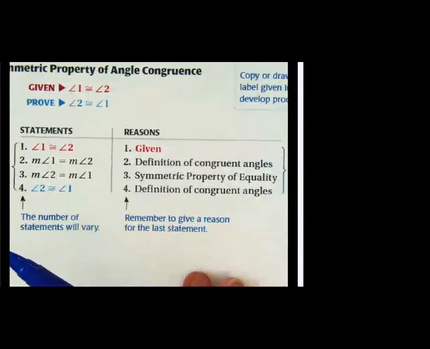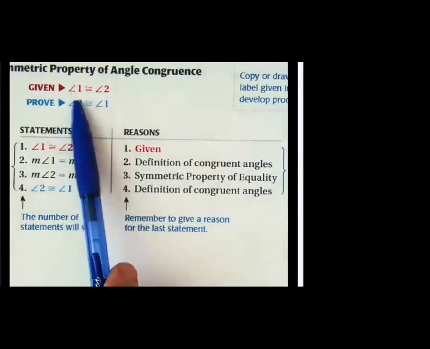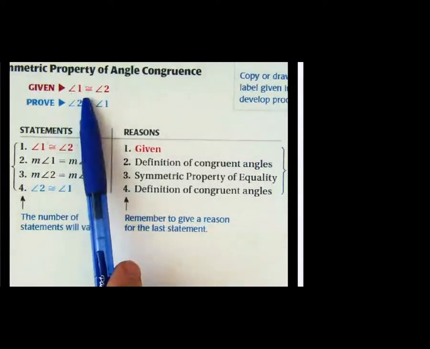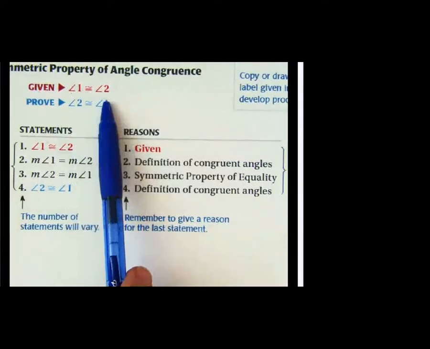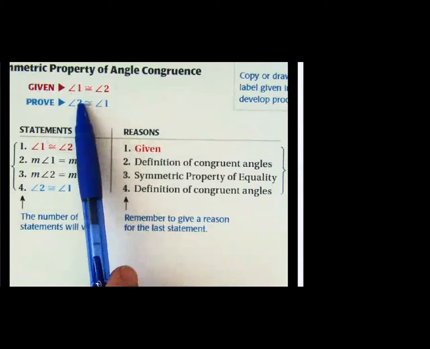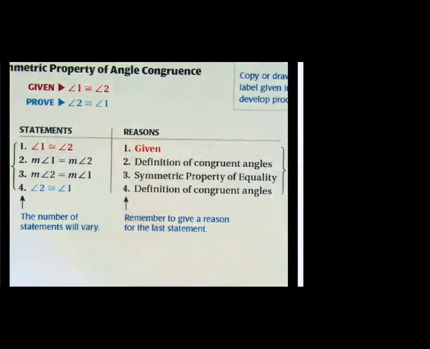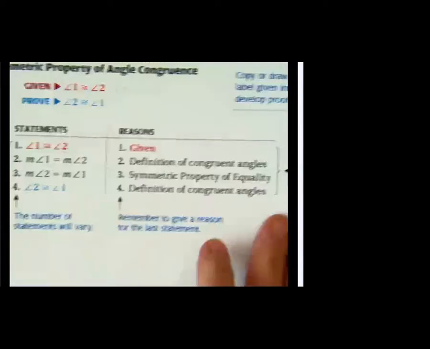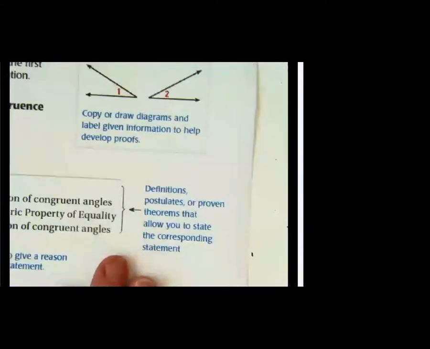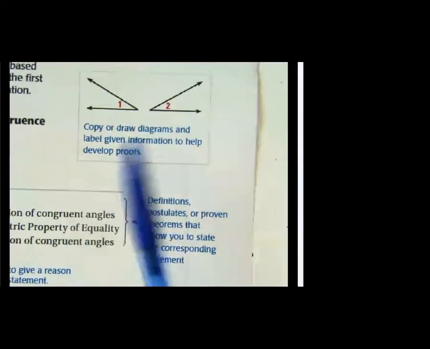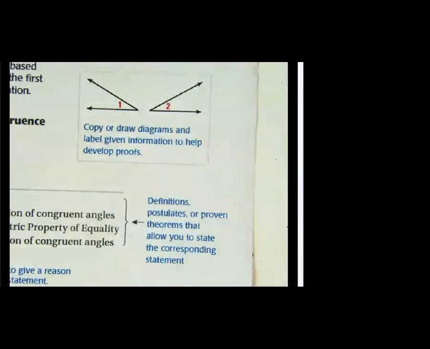Okay, so here we are given that angle 1 is congruent to angle 2. That's congruent, so we're talking about the shape of angle 1 and the shape of angle 2. So we draw two angles that appear the same, and we'll label them 1 and 2. Not much of a diagram for this one.